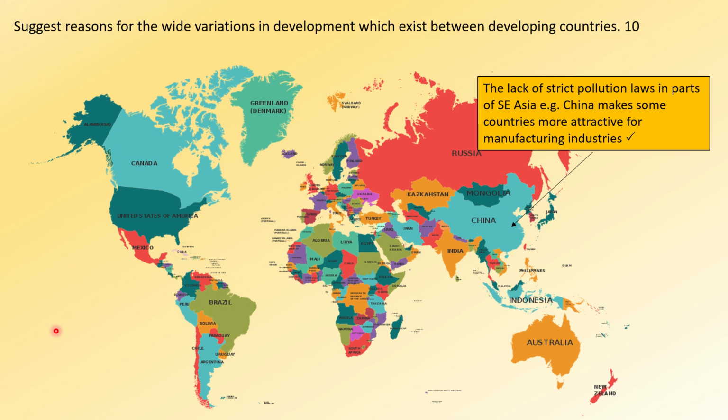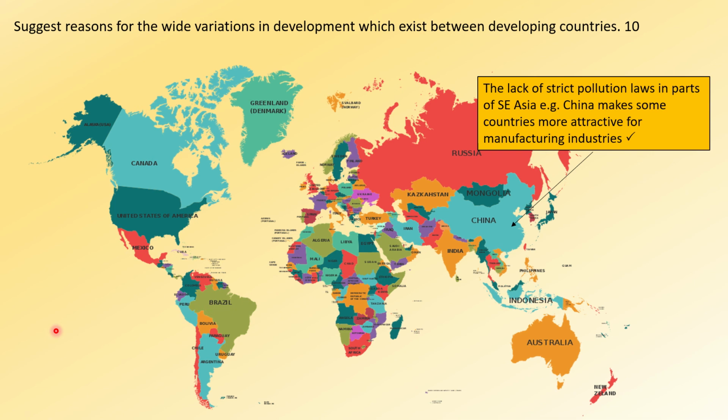Other areas of the world, for example, China, have fairly lax laws regarding air pollution, and this means that industries are often attracted to invest there because they can save money on the kind of health and safety air pollution aspect. So they attract industries to their country.